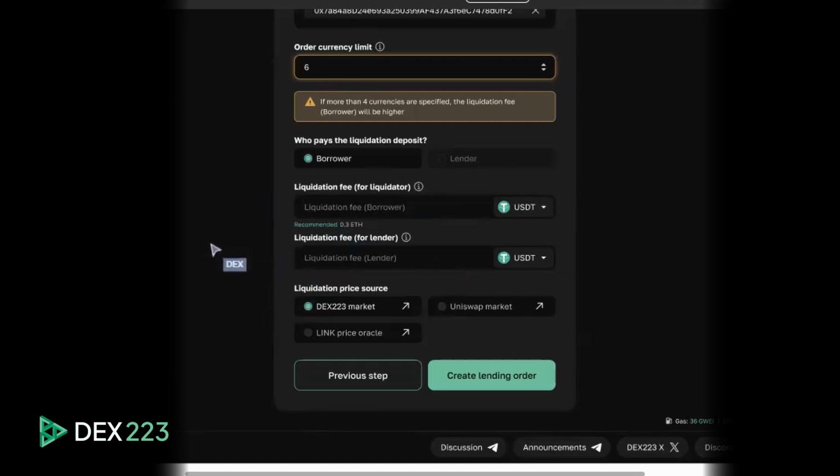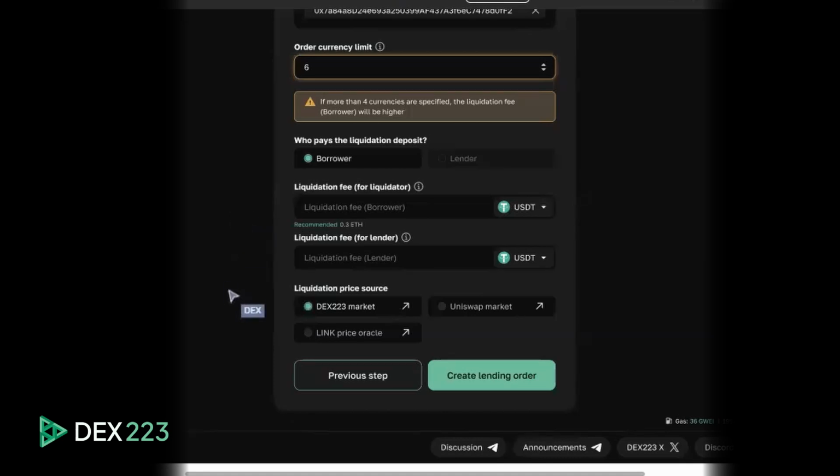There are two important parameters here, the currency limit and the liquidation price source. The liquidation price source is just a smart contract. It cannot be some sort of price provider like CoinMarketCap or CoinGecko.